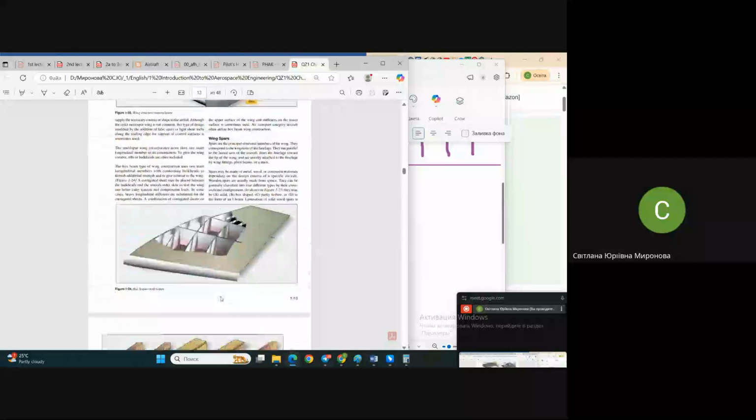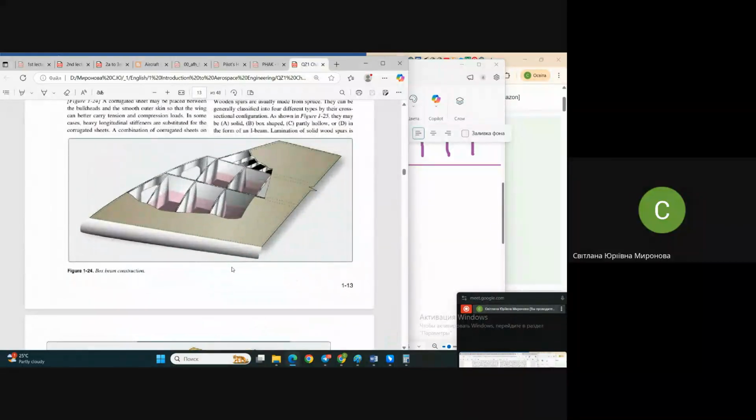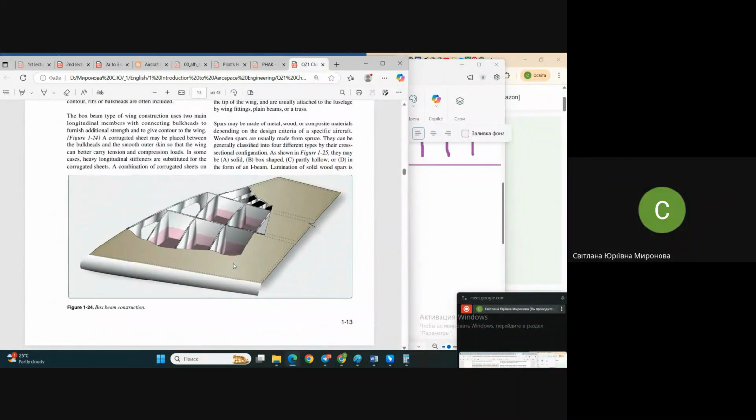Now, a typical structure of a wing looks like this. We have longitudinal elements. Right now it's visible. It should be extended along the wing. Longitudinal elements of the wing, stabilizer, flap, elevator, whatsoever, any aerodynamic surface, are usually called spars.